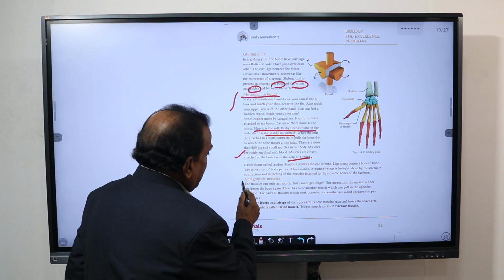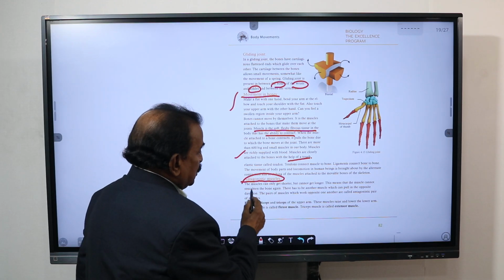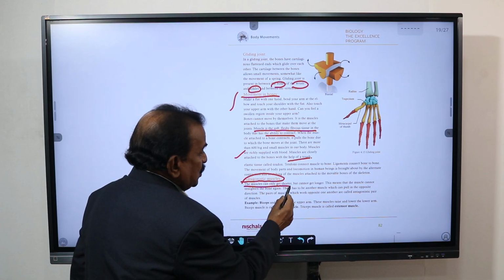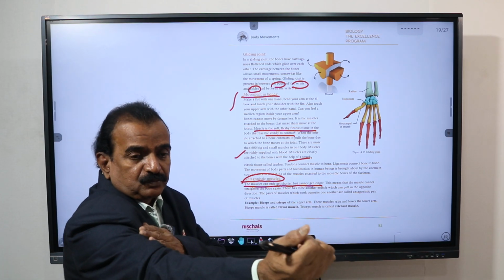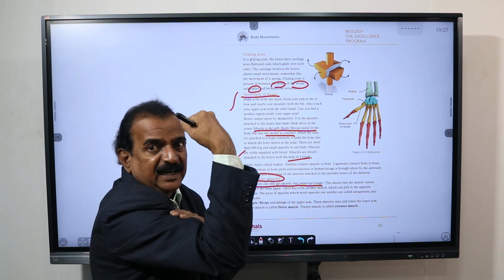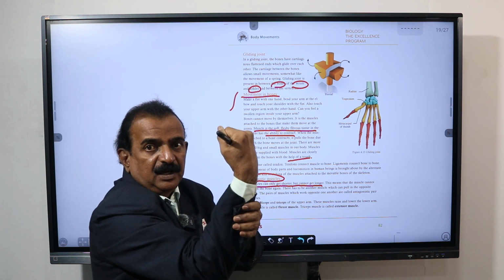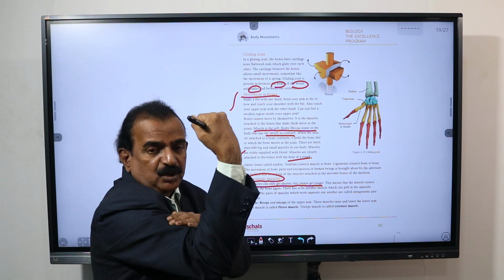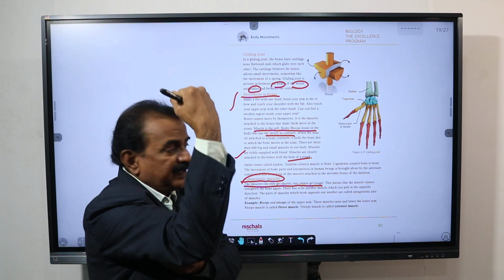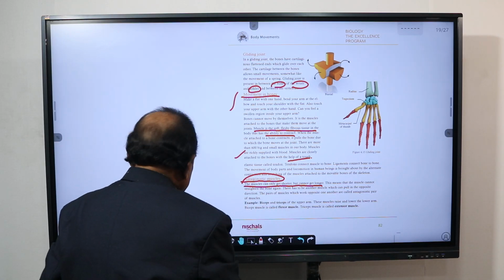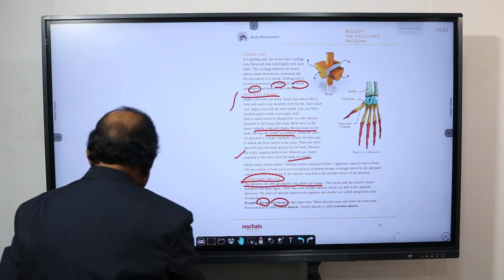another term: what is meant by antagonistic muscles. Muscles can only get shorter but cannot get longer. If you fold your arm like this, this is the upper arm and this is the lower arm. You can see the presence of a muscle above and a muscle below, the biceps and the triceps.